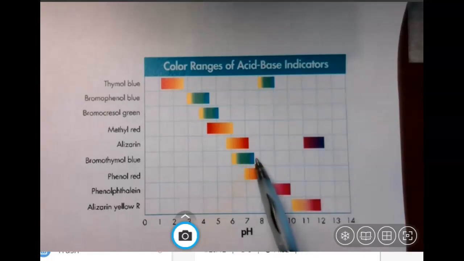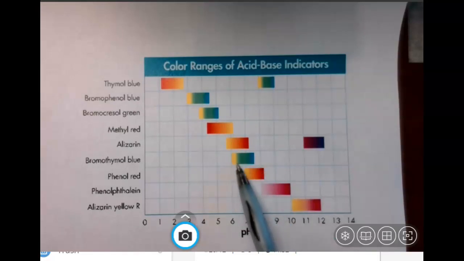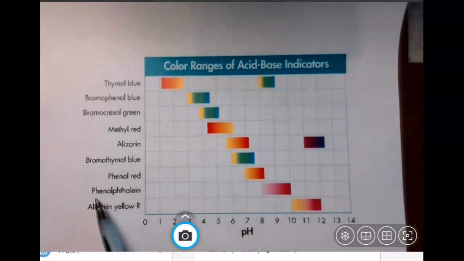So if you're trying to figure out when a solution is neutral, this is a good indicator to use because it starts changing color right about pH 7. Another real common one, it's hard to spell, is called phenolphthalein, and it's an interesting indicator because it's completely colorless in an acid, and then at about pH 9 it turns into this brilliant pink color. It's commonly used because of that brilliant pink color.